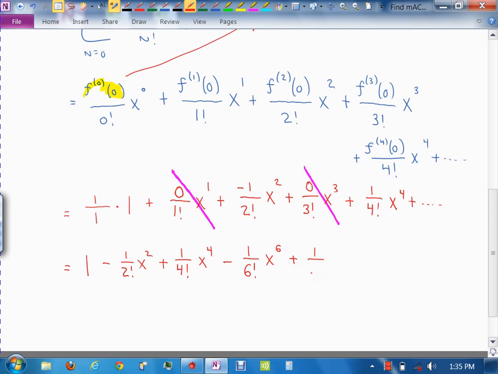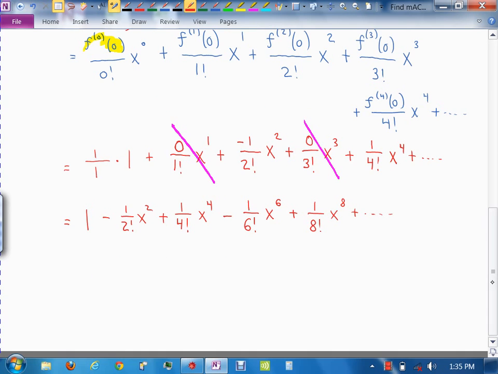Plus 1 over 8 factorial x to the eighth plus dot dot dot. That's the power series representation of cosine x using the Maclaurin series expansion. So basically using it, the Taylor series at 0.